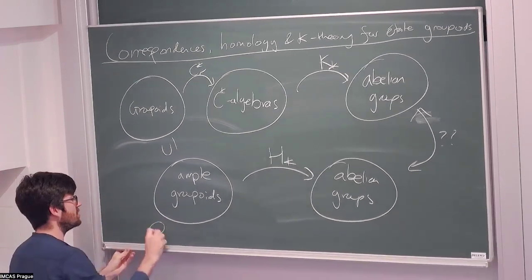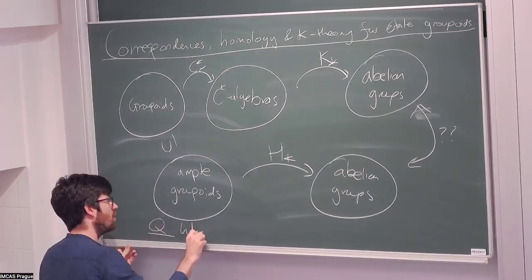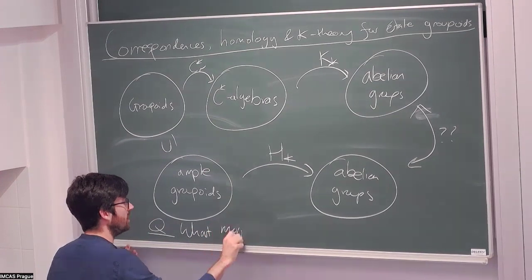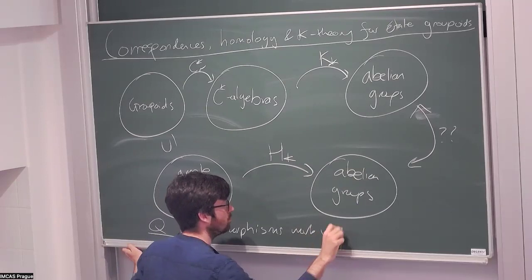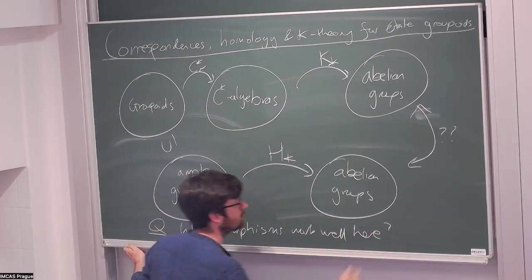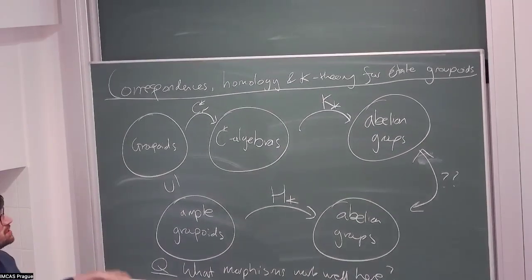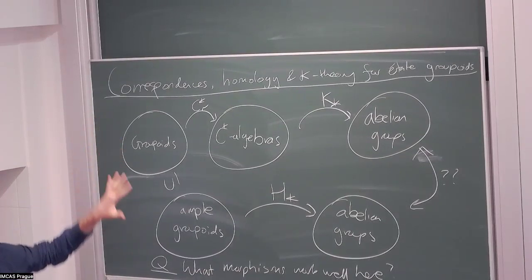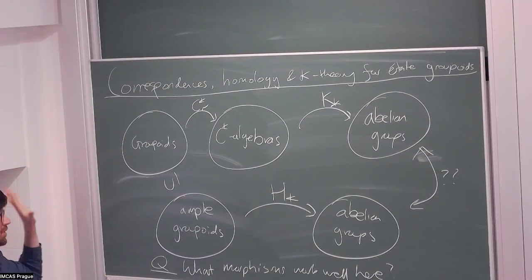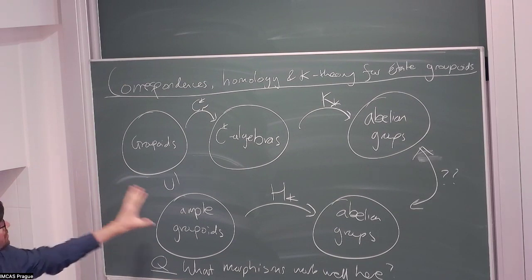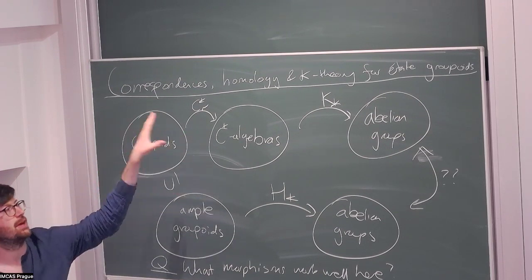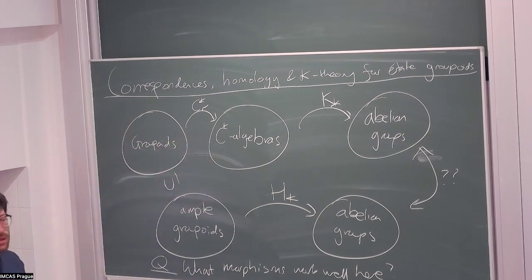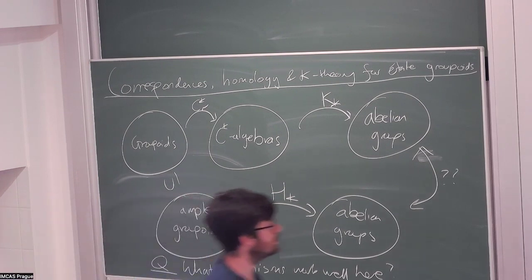One of the questions I want to ask is what morphisms work well here. This is like a diagram of functors, or things that want to be made into functors. So I want a nice notion of morphism of these groupoids that's going to give us morphisms there and make everything work.